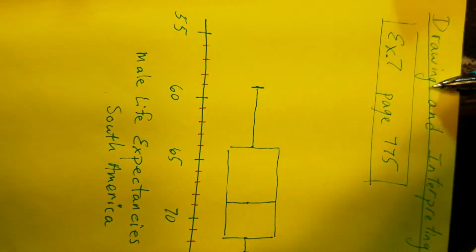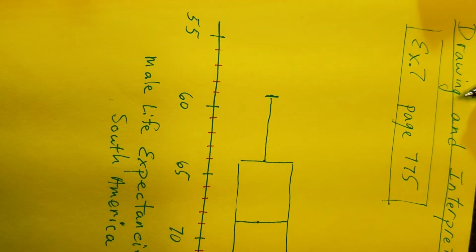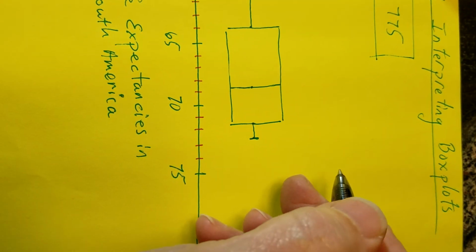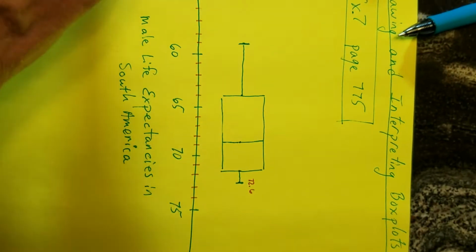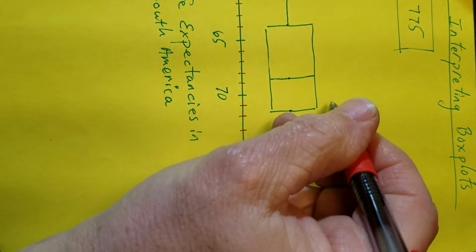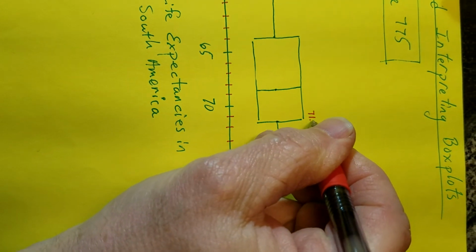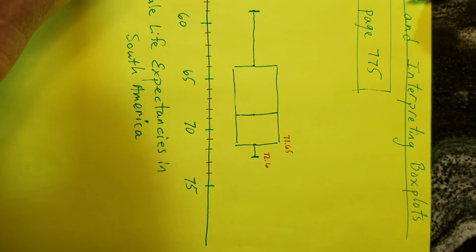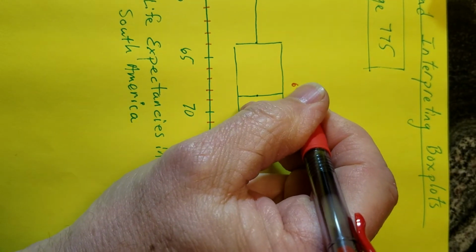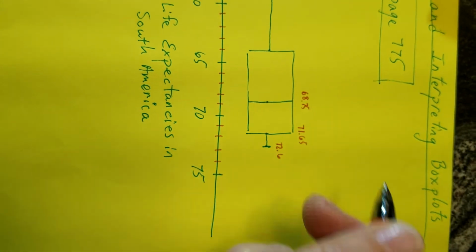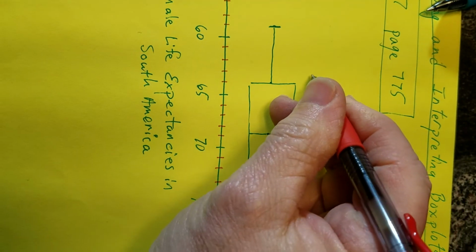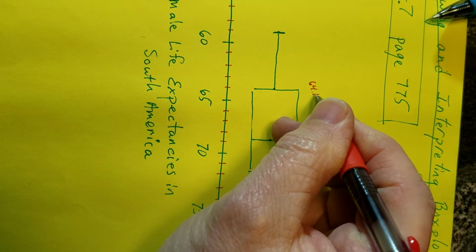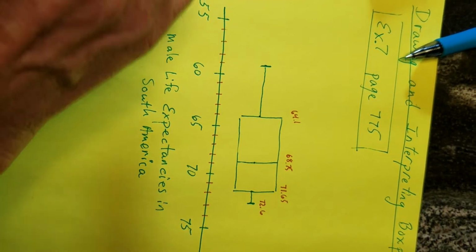Now sometimes when someone does a box plot, they actually will put in 72.6 there, and then 71.65 and 68.75. So they'll put those in. They don't always do that because that isn't really being real specific.